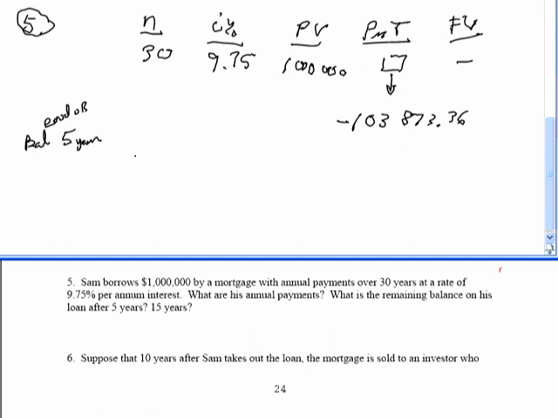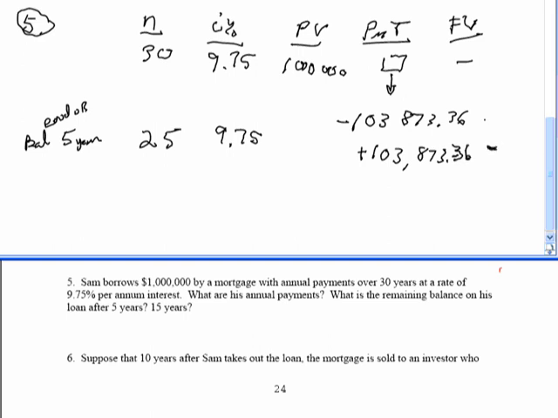So after 5 years, how many more years are due on this 30-year mortgage? Well, we'll have 25 more payments left. The interest rate is still 9.75. That's now our discount rate on the remaining mortgage payments. And for PMT, you could leave it in there, or you might change the sign to positive. I'm going to go ahead and change the sign to a positive, but the mortgage payment stays the same, and that's $103,873.36.